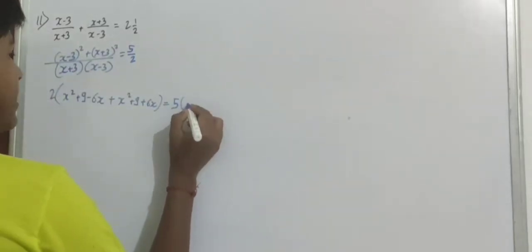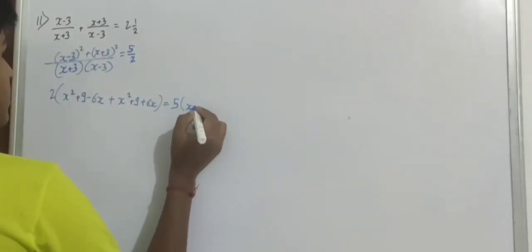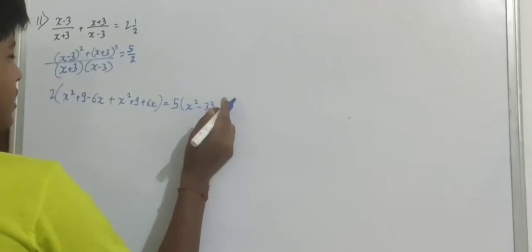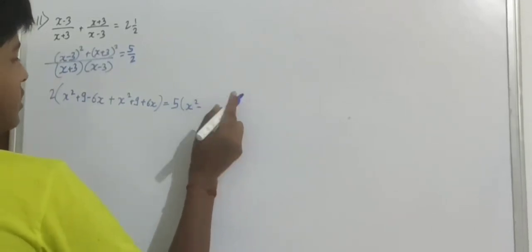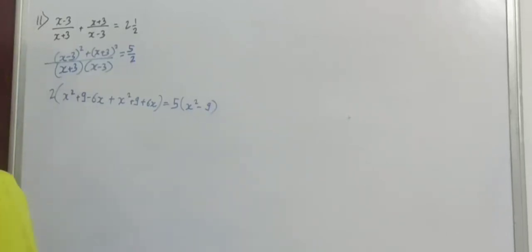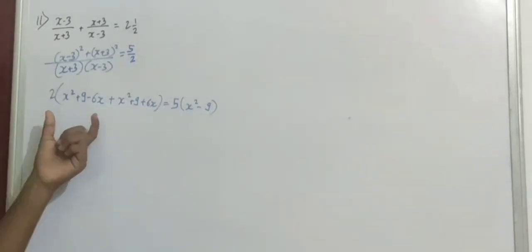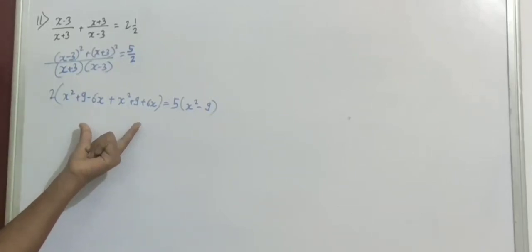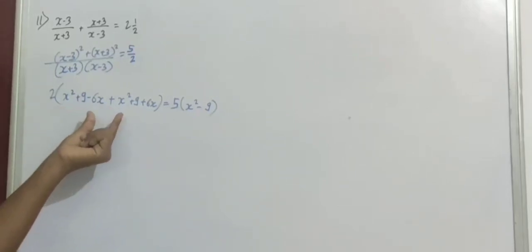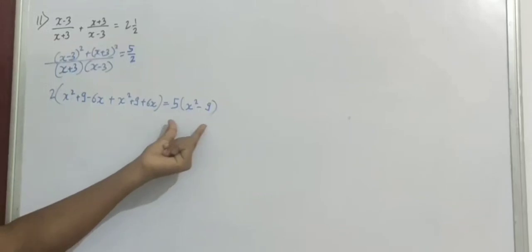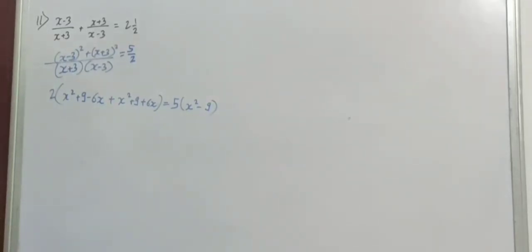So it will be x square minus 3 square, that is 9. Now solve this, but before that we have to solve in the bracket and then we will open it.